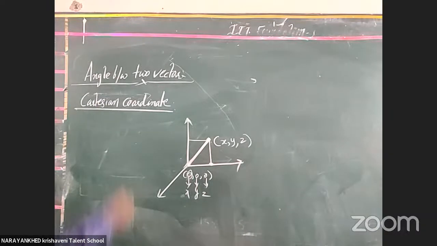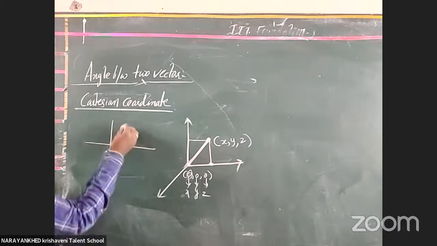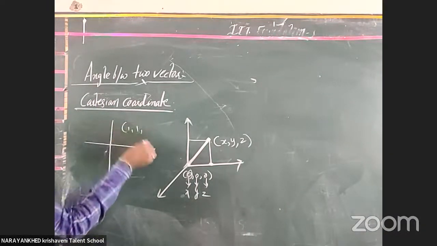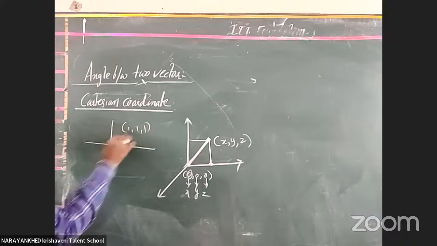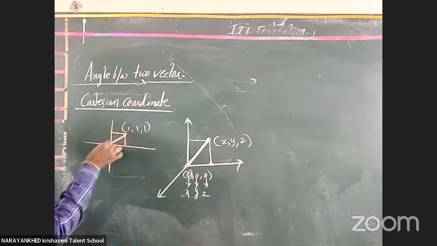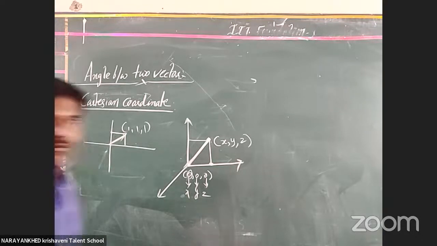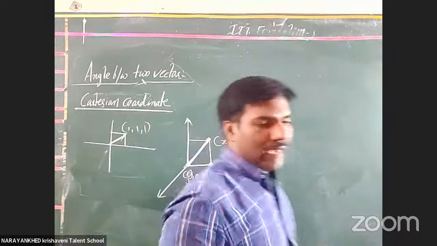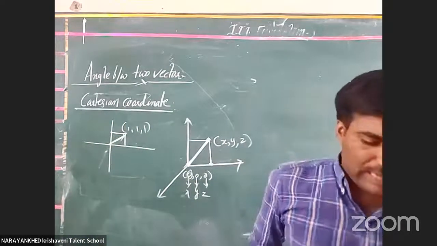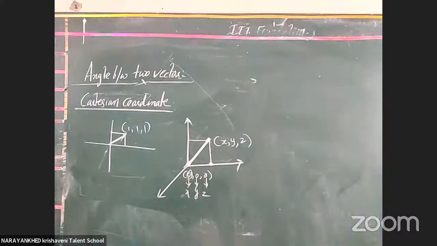Clear or not? Suppose there is one point 1 comma 1 comma 1. It means everywhere it is a 1 unit distance with respect to the x-axis, y-axis, and z-axis.